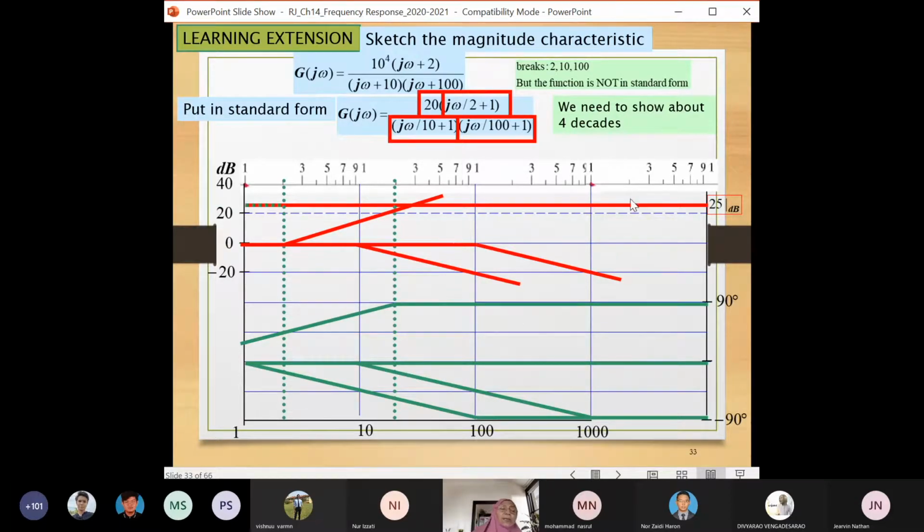Now we do the composite. So this straight line at 25 here is from the K value. 20 log of 20, you plug in your calculator, you will obtain 25 dB. And here you have all four parts: a straight line, one rising, two falling.